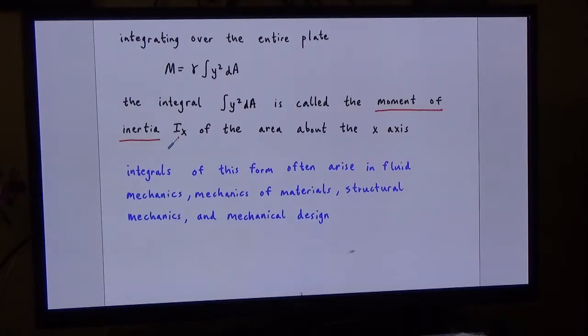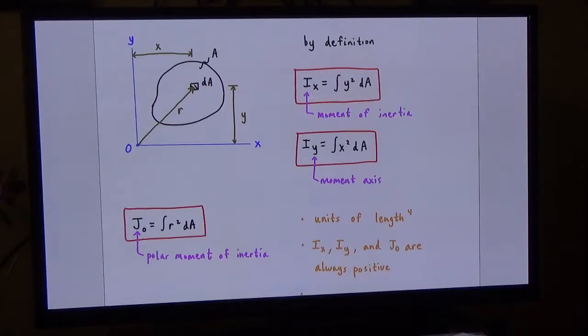If we generalize this formula, here's what we end up with. We have some area, and looking at a small differential area, for the moment of inertia about the x-axis, we take the moment and we get the integral of y squared dA.